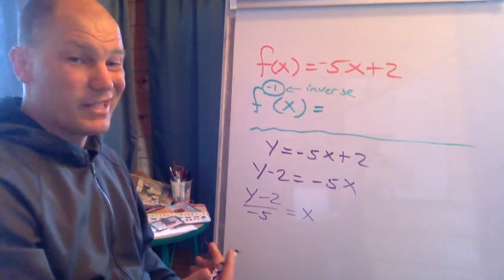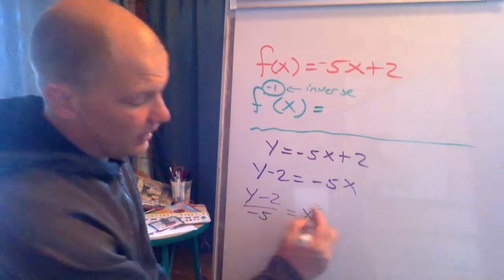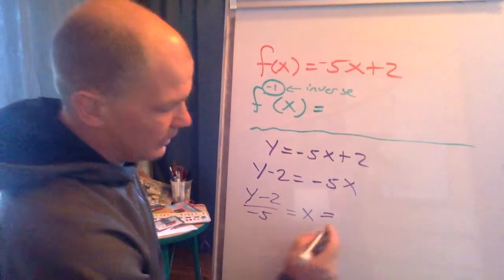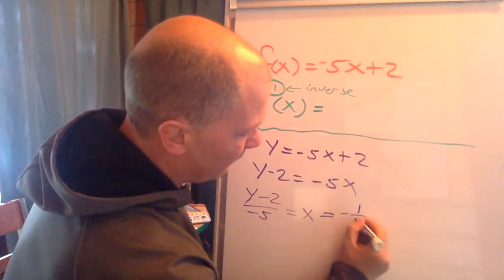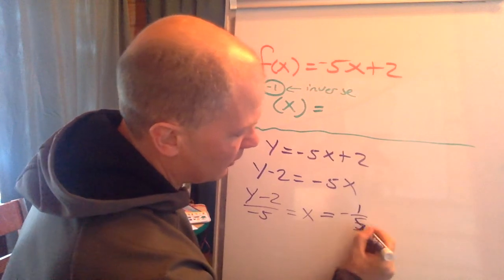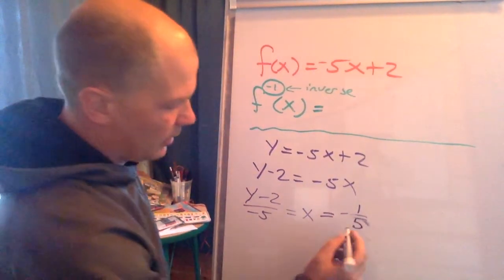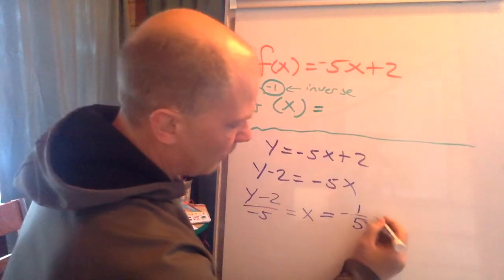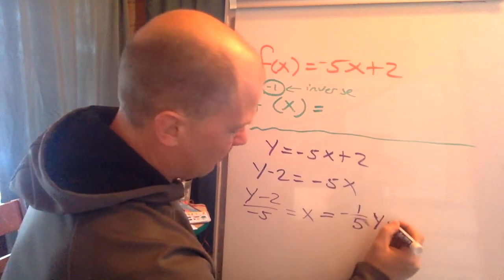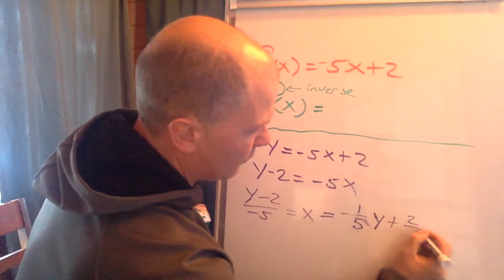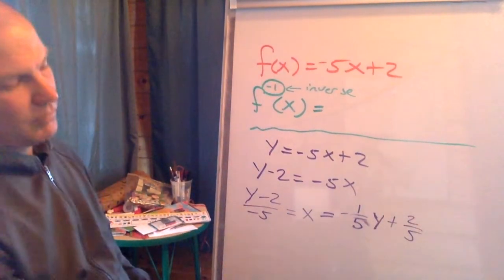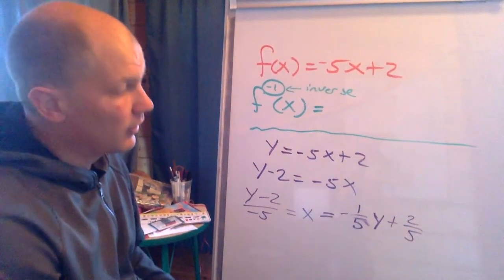So I'm basically done. I'm just going to clean this up a little bit and say that this is negative 1/5 y plus 2/5.